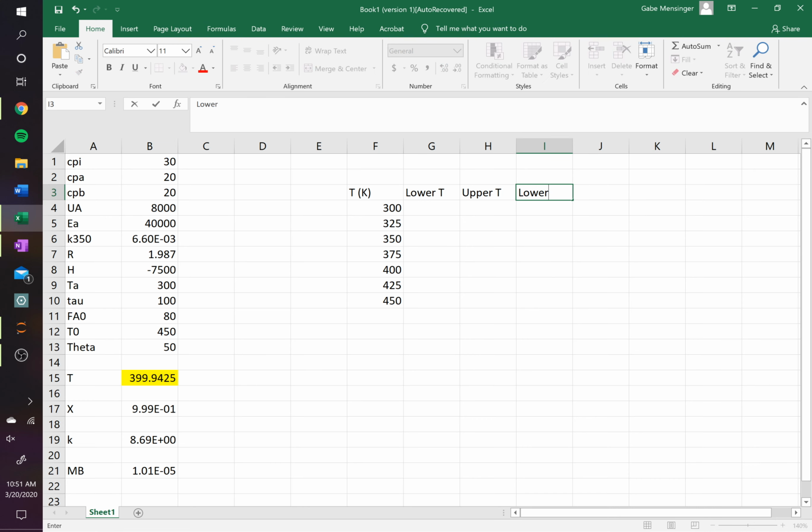So for our lower branch, we're going to have a bunch of new conversions, and upper branch, new conversions. And then same thing with K, and same thing with the mass balance.